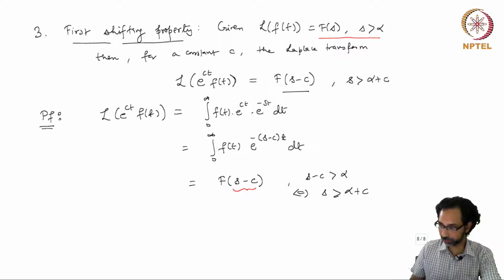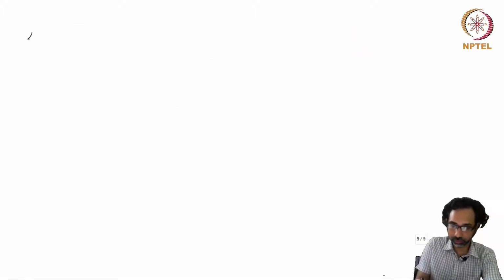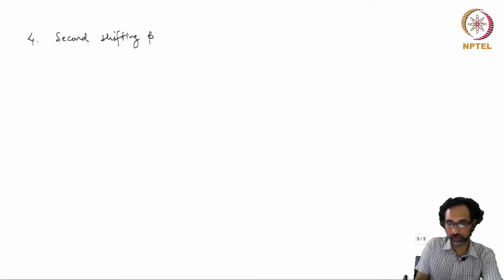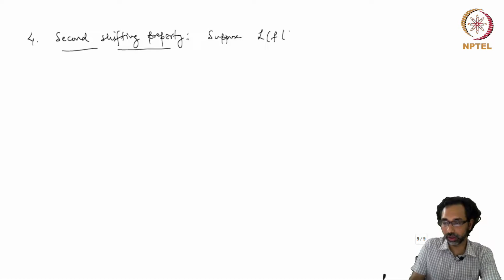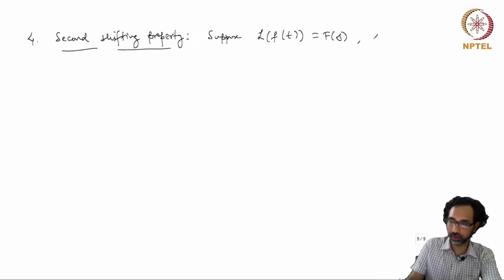A second shifting property is given as follows. Suppose again that the Laplace transform of f(t) is given by F(s) for s greater than alpha.